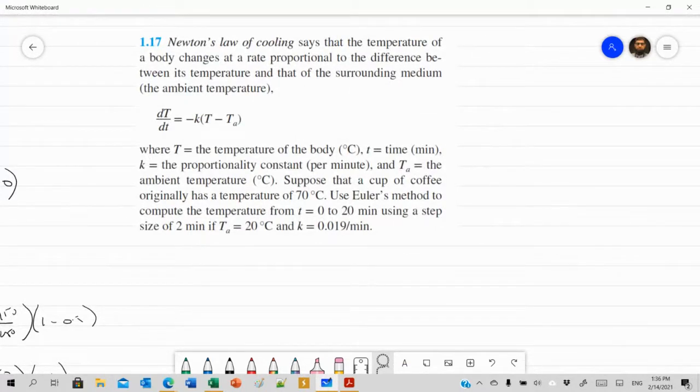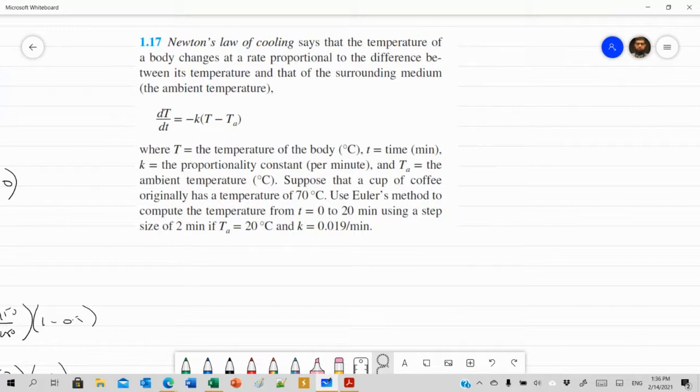dT over dt is minus k(T minus TA), where T is the temperature of the body, t is the time, k is the proportionality constant per minute, and TA is the ambient temperature. Suppose that a cup of coffee originally has a temperature of 70 degrees Celsius.